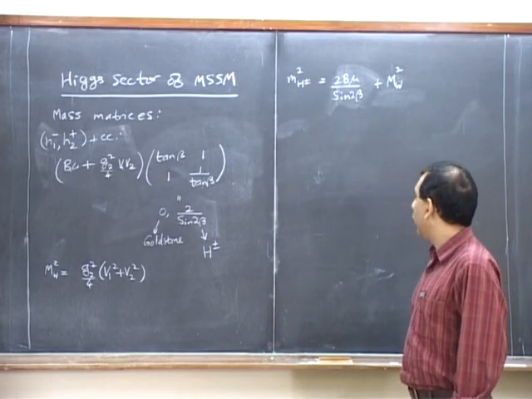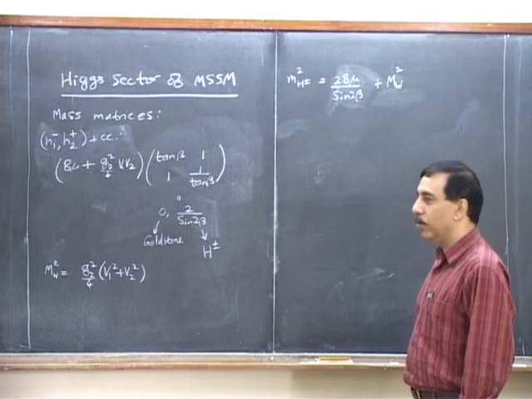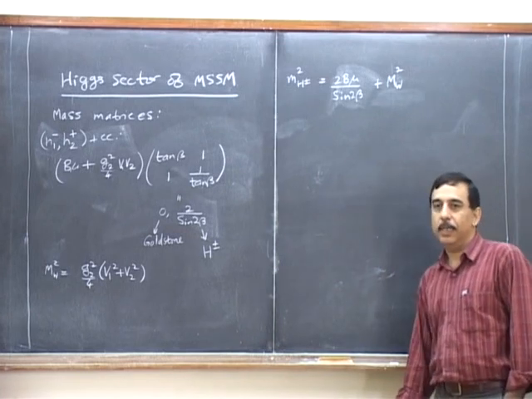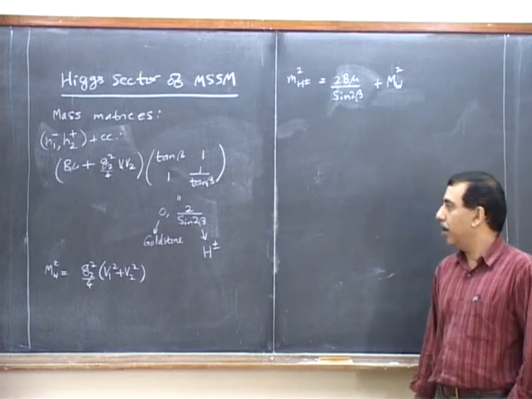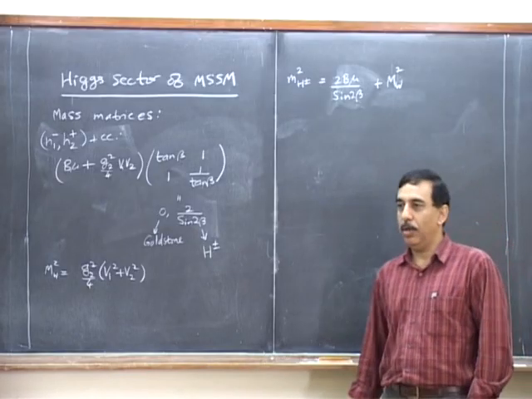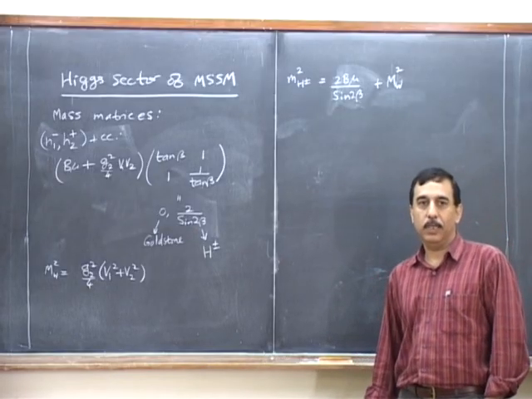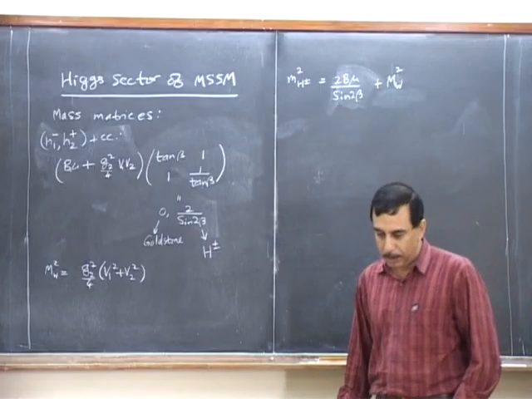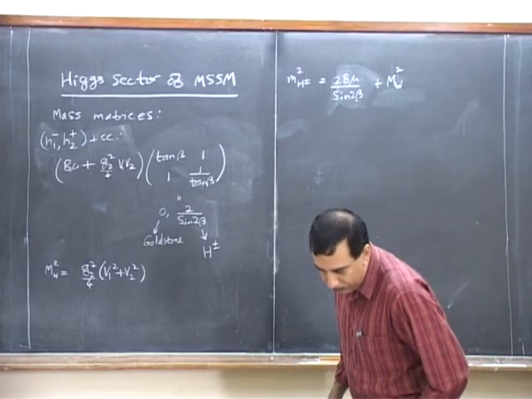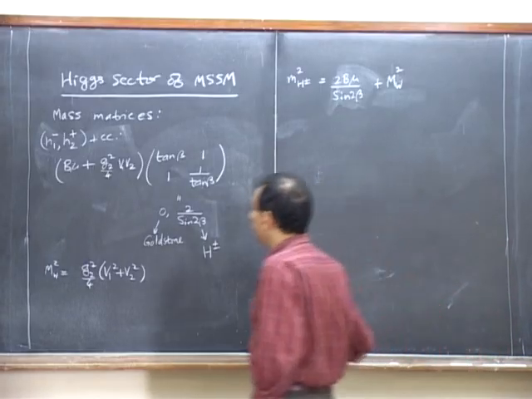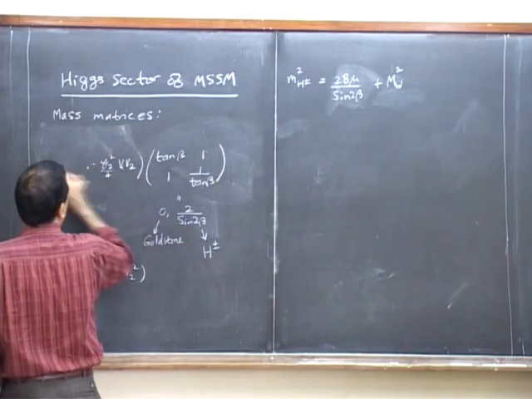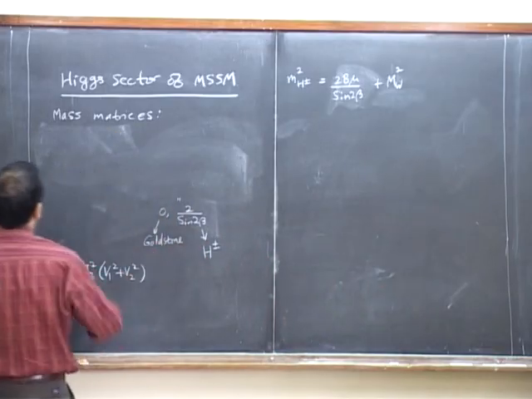Okay. The next thing we found was that there were 4 neutral Higgs, but we could diagonalize the real part of H1 and H2 naught and the imaginary part of H1 and H2 naught separately. We did the real parts last time, and we found for those a very similar mass matrix.